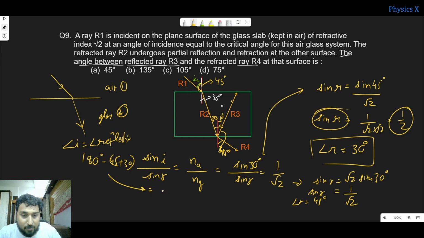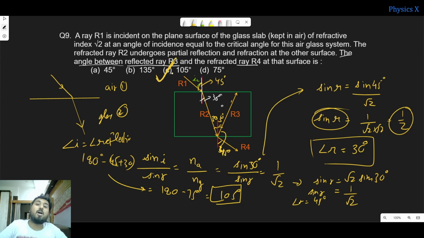It is equal to 180 minus 75 degree. So this is 105. So the answer is 105 degree. So this is how you calculate this.